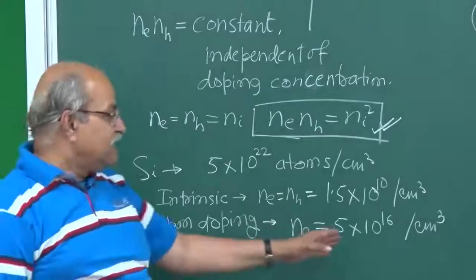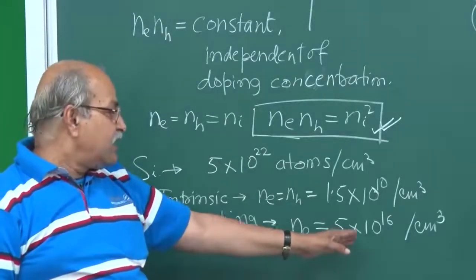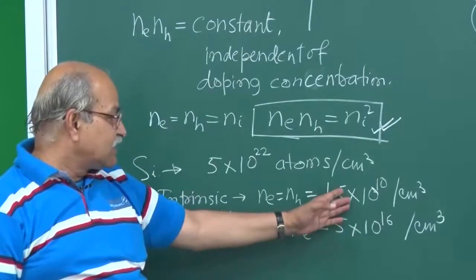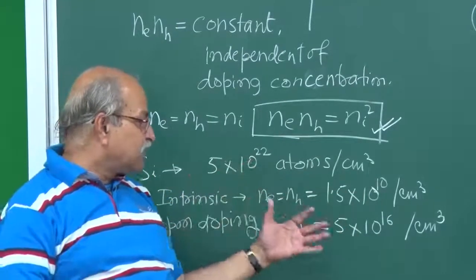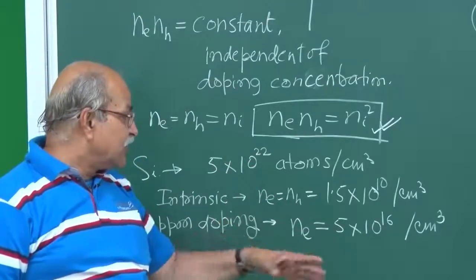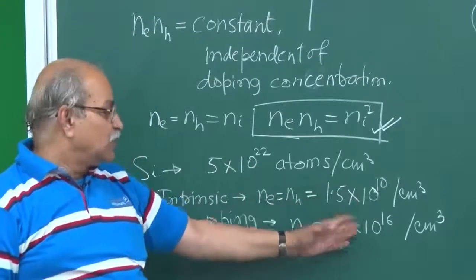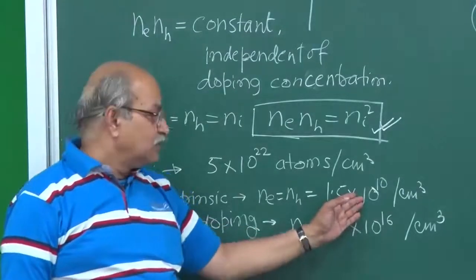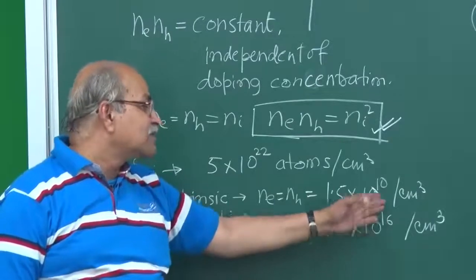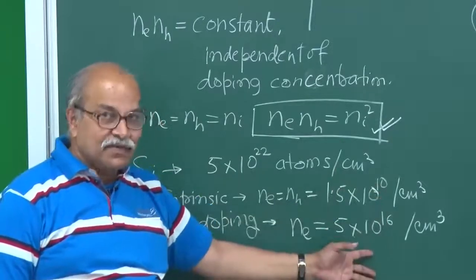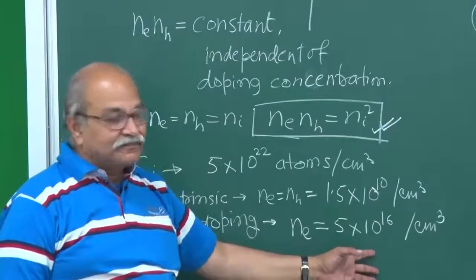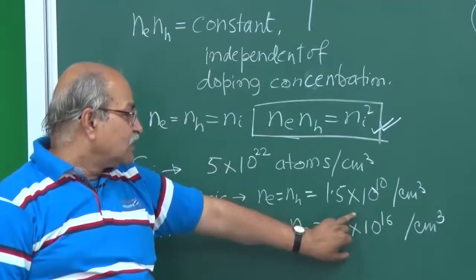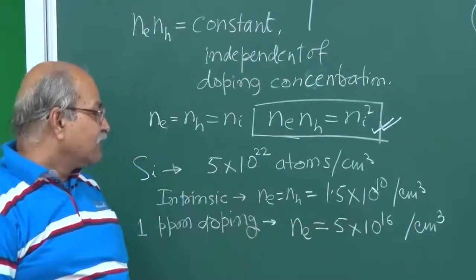You have put in this many extra electrons, in such a large number as compared to the intrinsic one. The total number of electrons per centimeter cube is this plus this: you are putting it from doping, and this was already there. But 10 to the power 16 plus 10 to the power 10 will still remain 10 to the power 16. Okay, so you can take this as the conduction electron number density after doping.